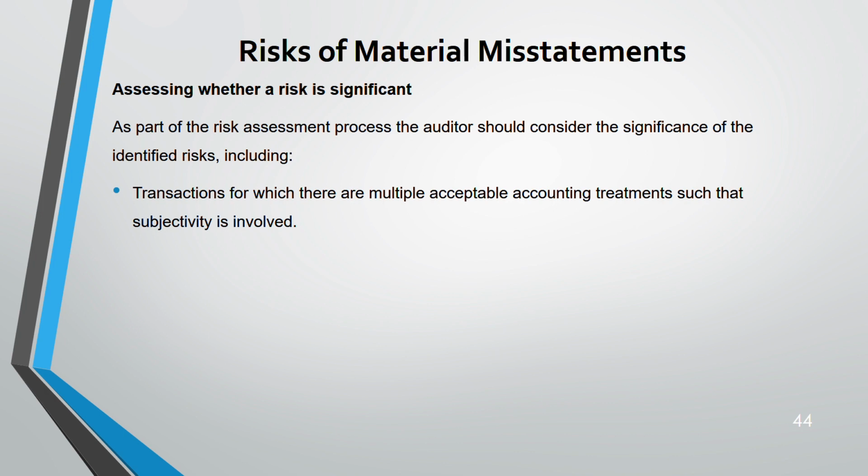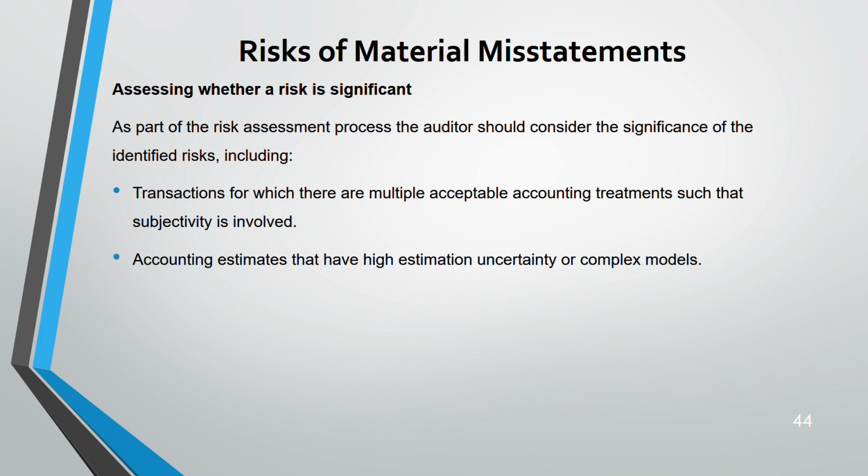But if there are multiple, you don't know which one, so management can easily choose which one is best for them. So subjectivity is involved and the risk will be significant. Obviously, risk will be there with a single accounting treatment also, but it will be less. Here it's significant.